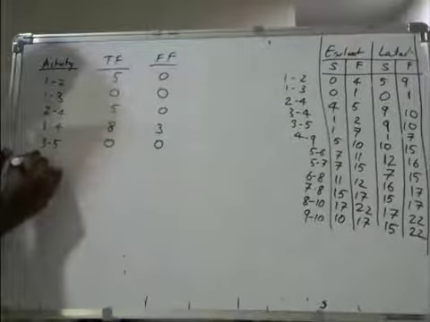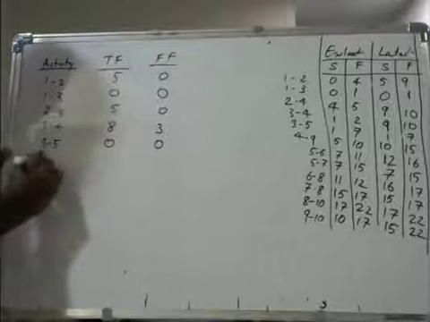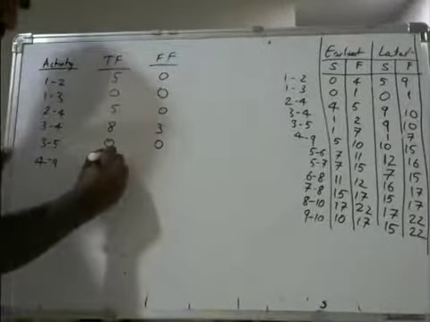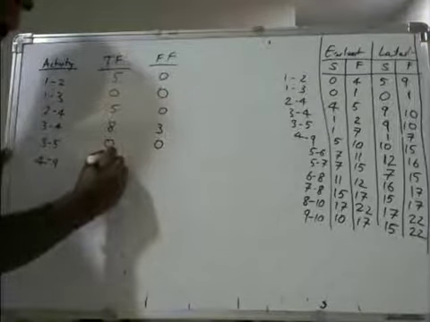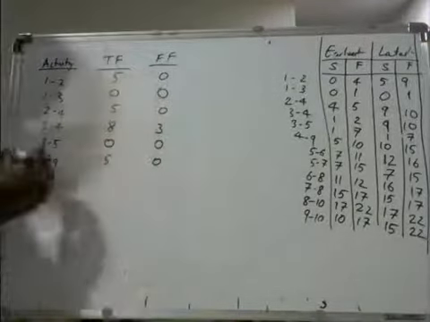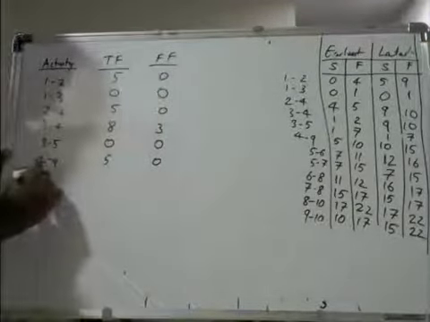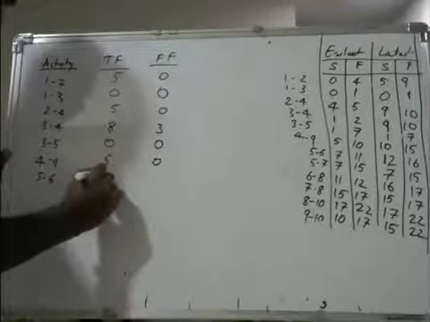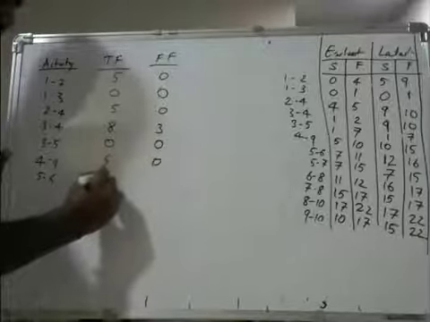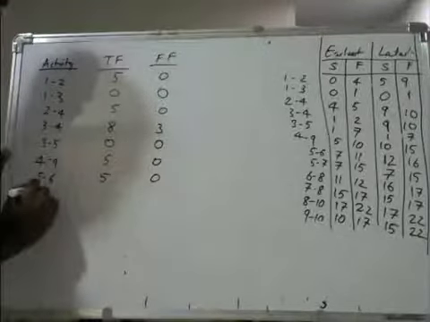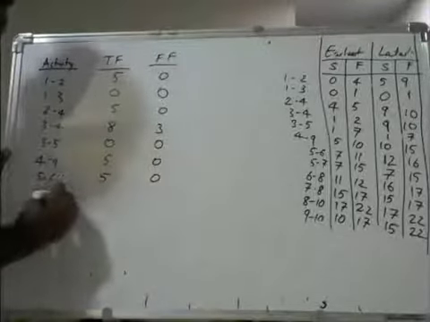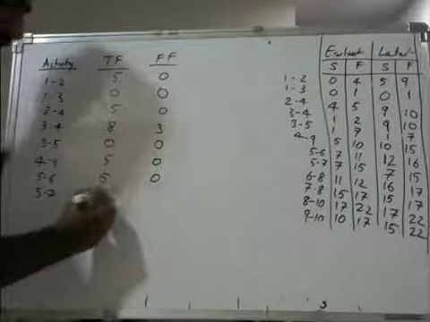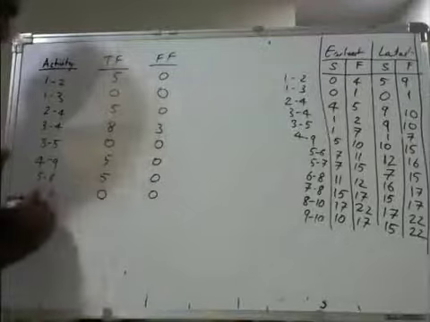From 4 to 9, total float is 5 and free float is 0. And for 5 to 6, total float is 5 and this is 0. And from 5 to 7, total float is 0 and free float is also 0.